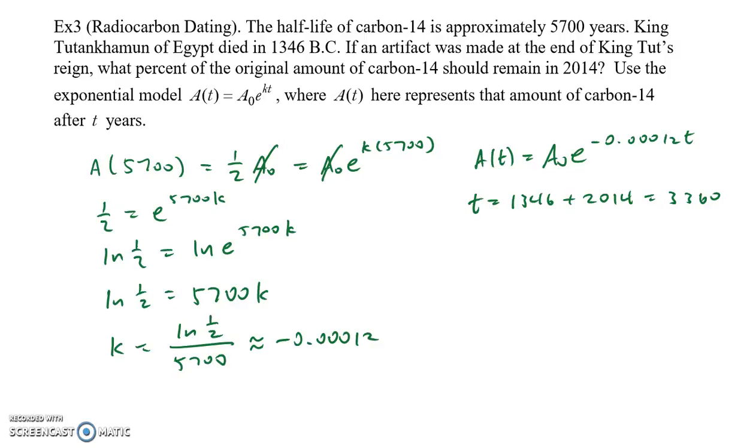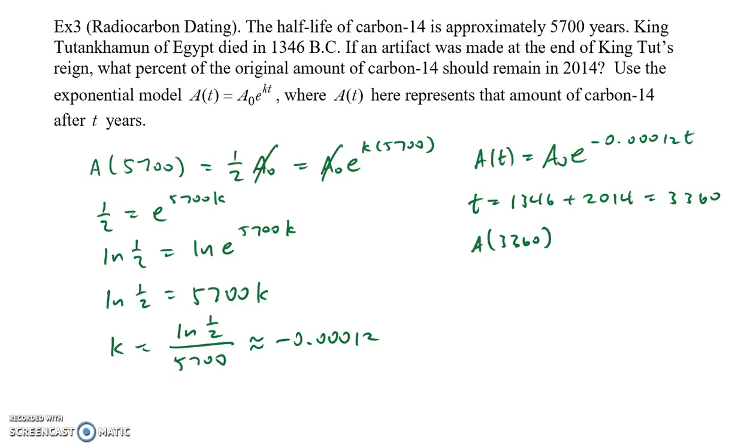And so basically what we need to determine is A of 3360, the amount of carbon-14 remaining after 3,360 years.